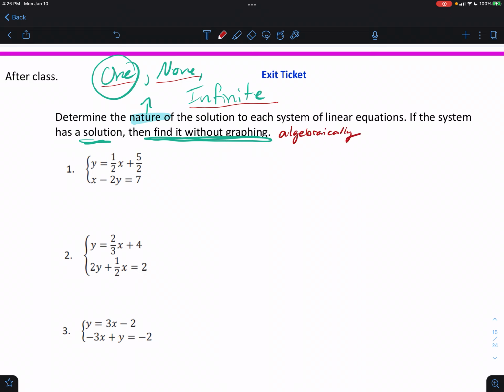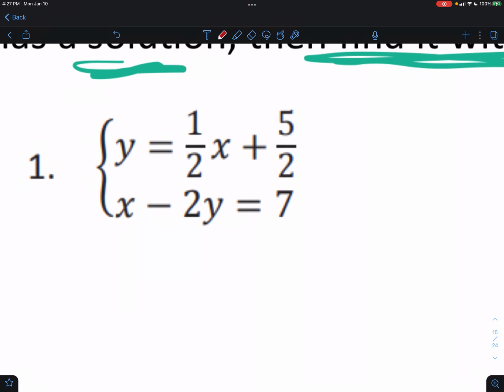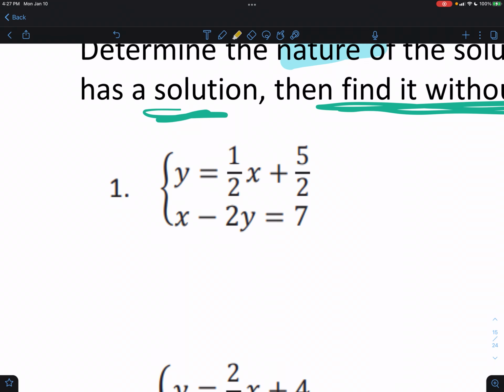And today we talked about the substitution method. If I look at this first one, I notice the first equation is solved for y. Y equals 1/2 x plus 5/2. And if you see that bottom equation, x minus 2y equals 7, if we use substitution, then we can take that first equation and plug it into the second one.